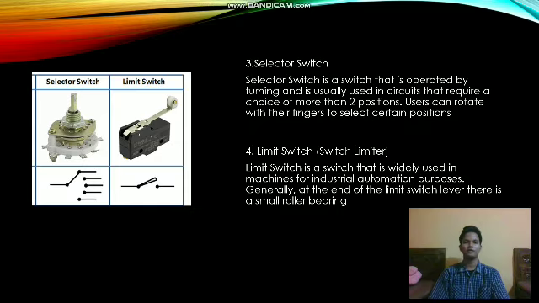Number three, you can look at the picture, is the selector switch. A selector switch is a switch that is operated by turning and is usually used in circuits that require a choice of more than two positions. The user can rotate it with their finger to select a certain position.